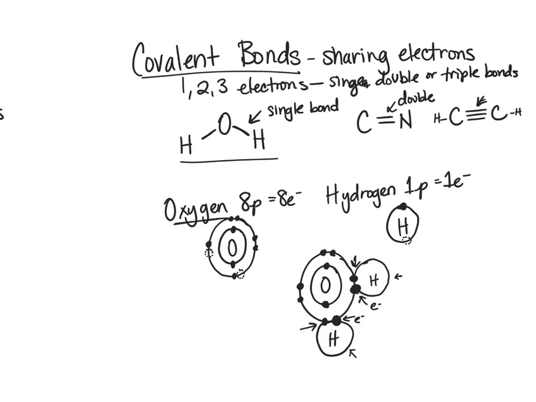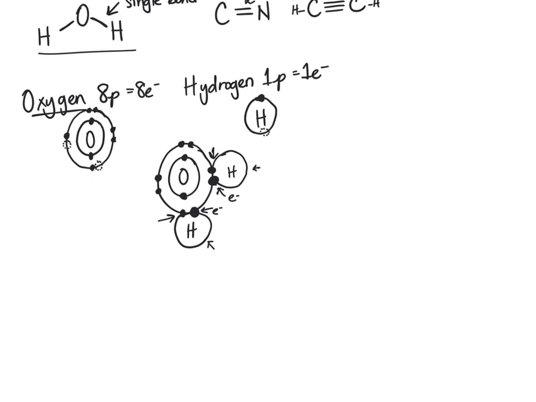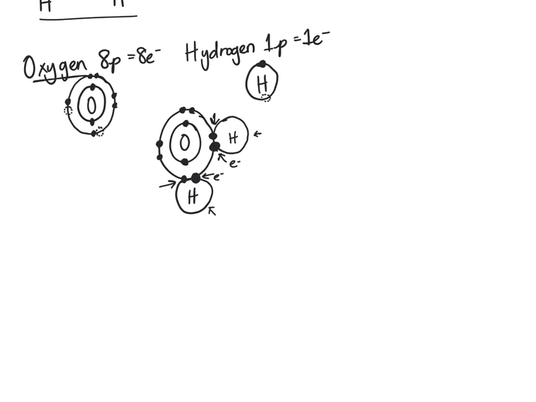And we see this happen with other things as well. So if we wanted to take a look at one other example really quick before we go on to the next thing here. If we looked at, let's say, carbon. So remember, 6 protons, which is 6 electrons, and then let's say with hydrogen, which we already know up here.